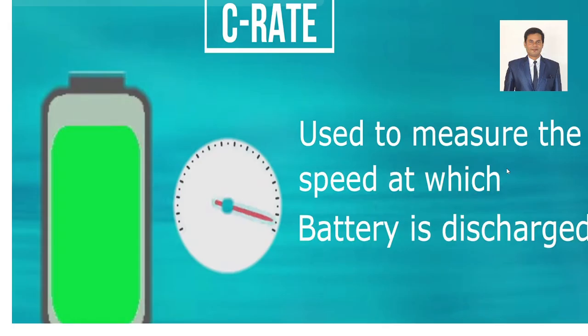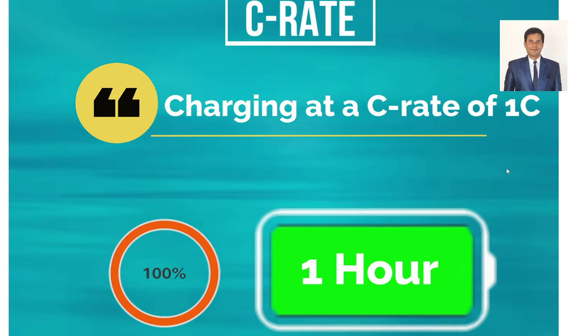The C rate defines at what measure the speed at which the battery can charge, and how fast it can discharge. The C rate definition tells us it is used to measure the speed at which the battery is charged and discharged.